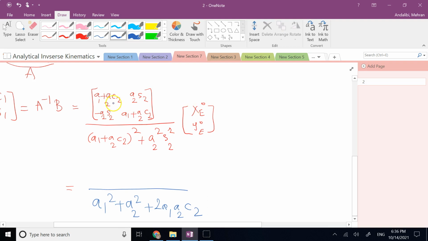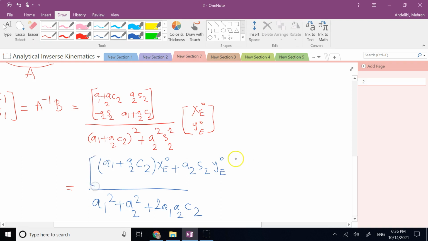And here you will get the first term is going to be A1 plus A2 C2 XE, then plus A2 S2 YE.